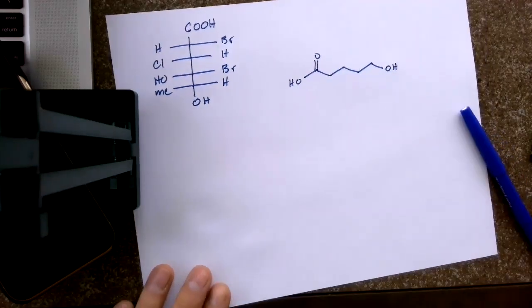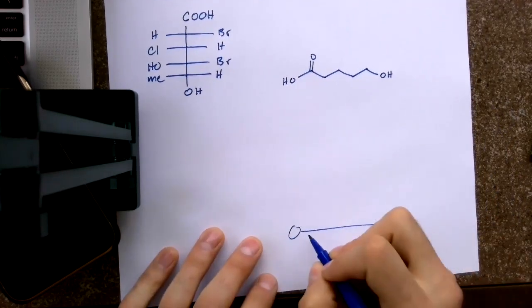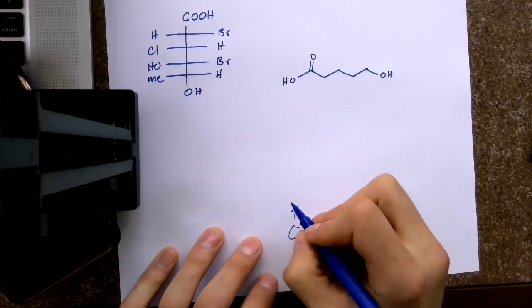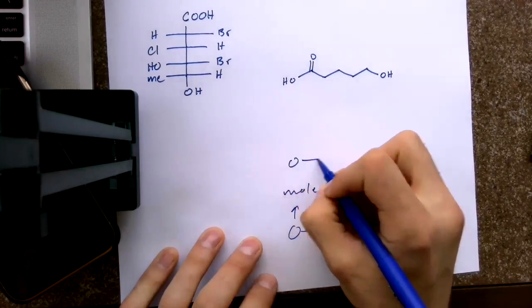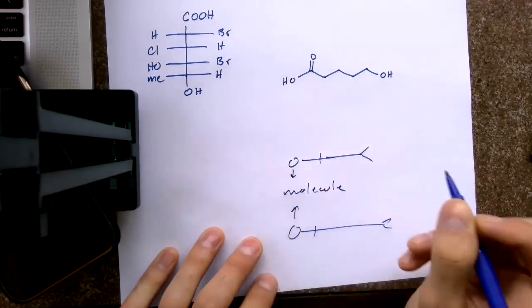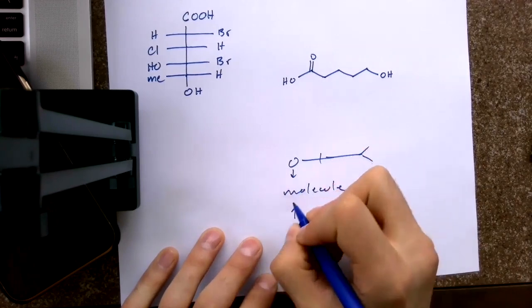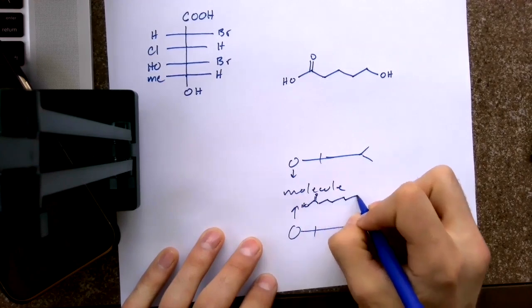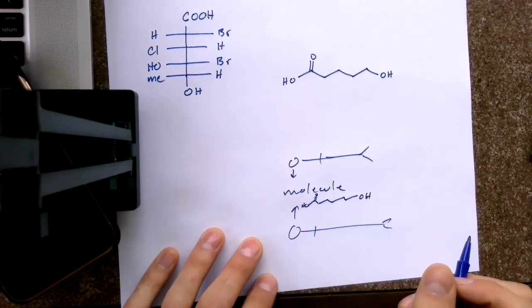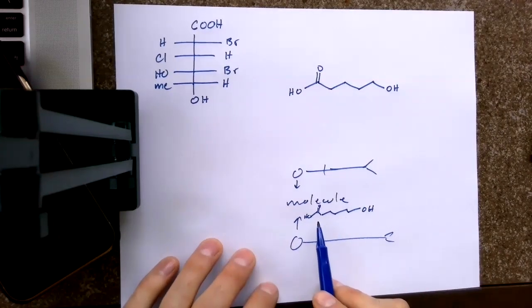And again, my ultimate perspective is I'm looking down at the molecule. And remember, at this point right here, my molecule is this, in which my ultimate perspective towards my head is where this carboxylic acid is.